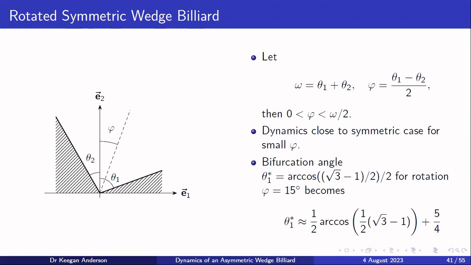Another interesting thing is that the first bifurcation angle I had for the symmetric wedge is still there, but it's offset by 5/4. I couldn't pick up a relationship between the rotation angle and the change in the bifurcation angle. That's something for future research, further investigation.